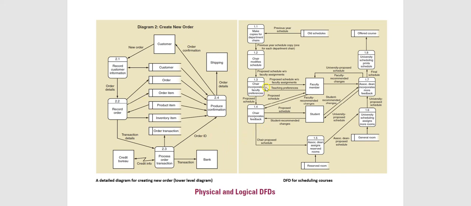Now on this page you can see there are two data flow diagrams. On my left hand side, I would say this is a logical model, or logical data flow diagram. Why is it a logical data flow diagram? Because it is not so clear what type of computer is doing these processes, isn't it?